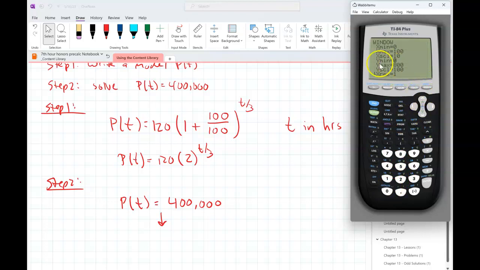And then the y-min, well, the minimum is going to be starting at 120, and I need to go north of 400,000. So I'll probably do 0 to 500,000, just so everything is a nice round number. Okay, that looks good. Let's hit graph.